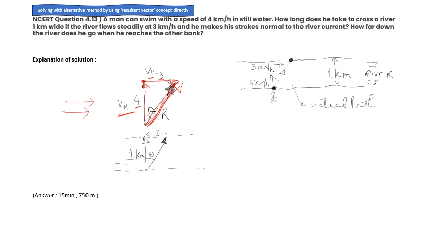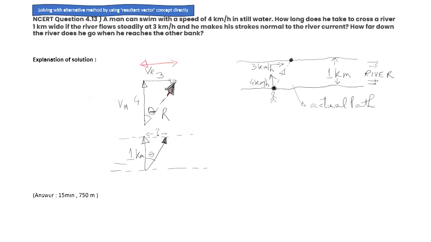That means this is the path that the swimmer will actually make if looking from a stationary object in the air at the top. If there is a drone or a stationary camera at the top of the river, the man will actually be flowing like this towards his destination here. And as you know, what the question wants us to do is to find this distance, right?